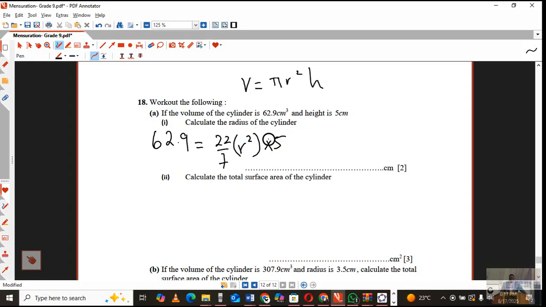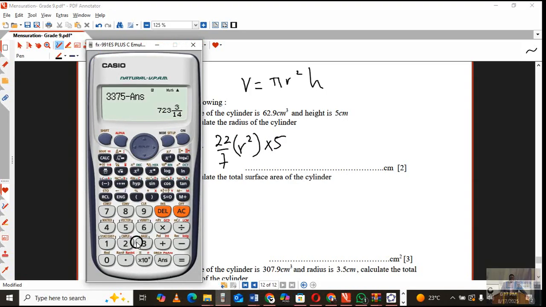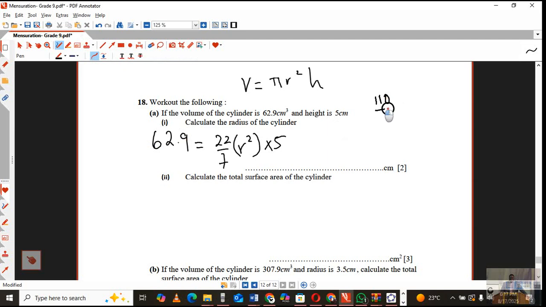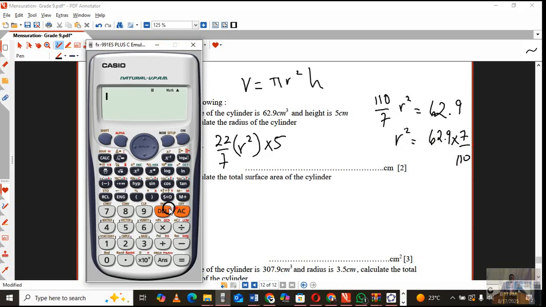Alright, so we're just going to rearrange that. I'm going to have 22/7, and I'm going to multiply that by 5. See what answer I get. 110/7. So 110/7 times r squared is 62.9. So I'm going to say r squared equals 62.9 multiplied by the reciprocal of this fraction, the inverse of that fraction, which is 7/110.